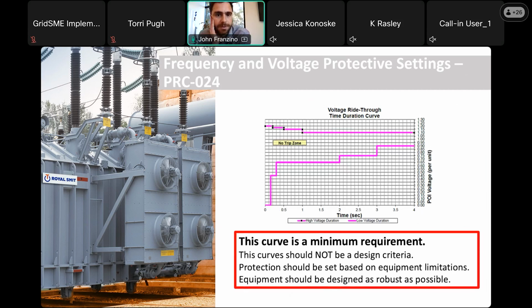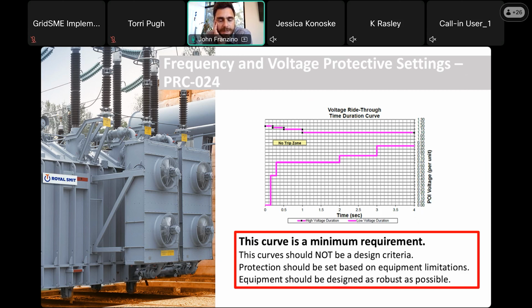We're looking at the voltage ride-through curve here. In the middle there is the no trip zone. That is the bare minimum criteria for ensuring that the facility's protection system will ride through that event.